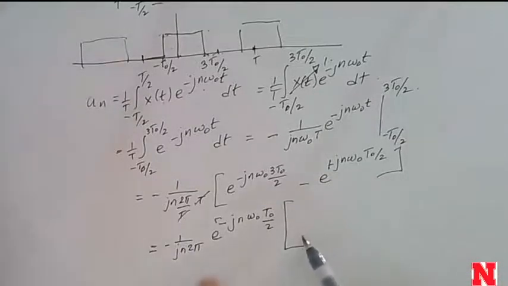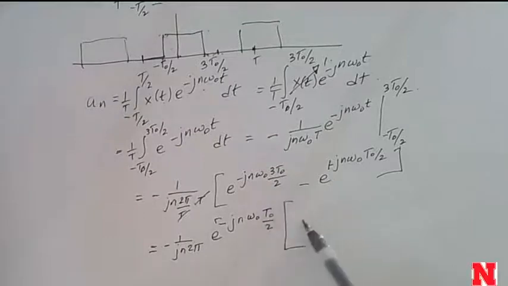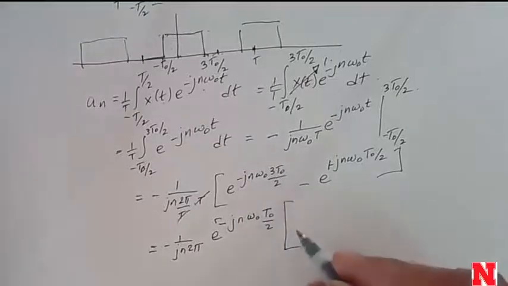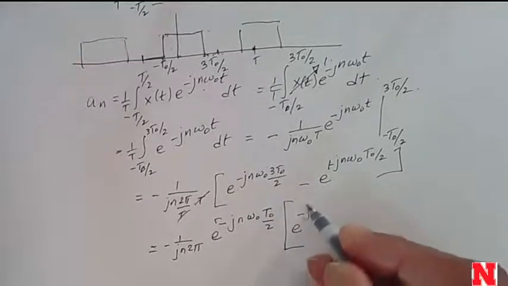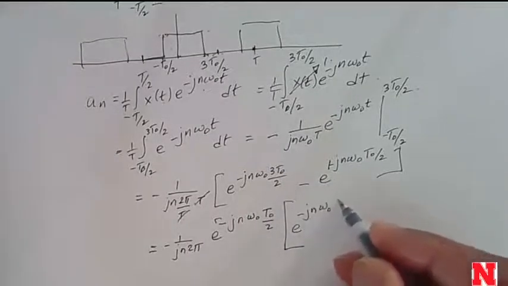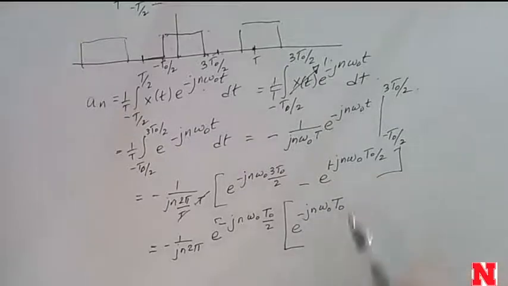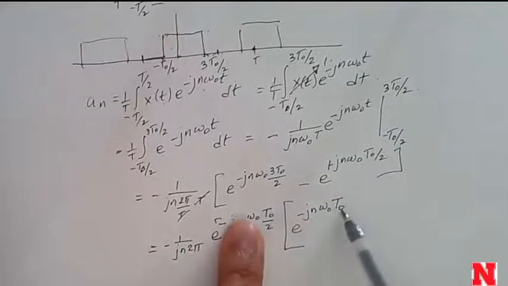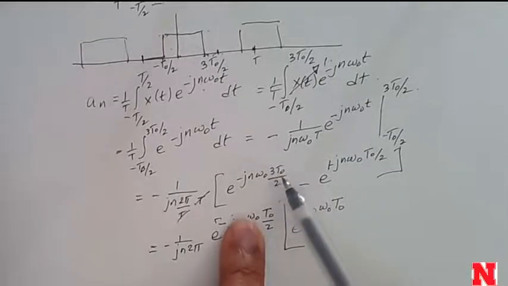So here, in order to make the exponent of this and the exponent of this sum up to 3t naught over 2, I need e to the minus jn omega naught t naught. If I multiply these two, the exponents add. When the exponents add, I'll get e to the minus jn omega naught, and then t naught over 2 plus t naught, which gives me 3t naught over 2.